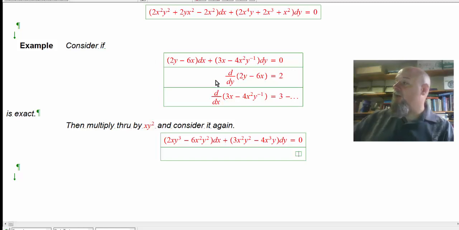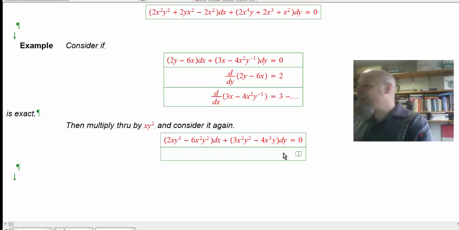How about I take an example that's not exact, and we check to see that that was not exact, and then multiply everything through by the factor xy squared. So it's the same equation, just multiplied through by xy squared by that factor.